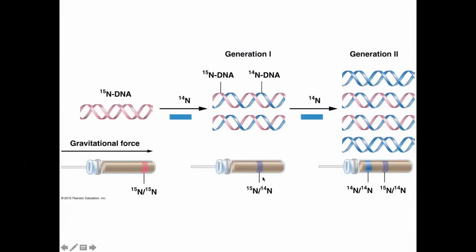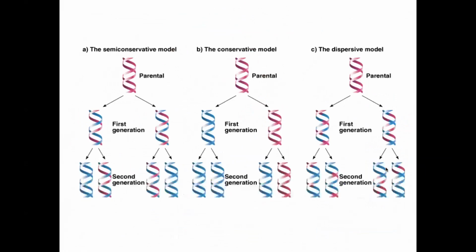So you predict a band in the middle of the gradient. And after two rounds of replication in the presence of the N14 isotope, you predict that two of the daughter molecules are going to be hybrids and two of them are going to be fully newly synthesized, so fully N14 labeled.